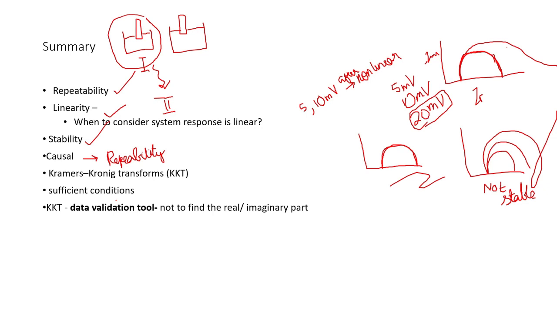Better, there is a mathematical expression by which I can check whether my results are linear, stable and causal. In order to check that, we use the Kramers-Kronig transformation.